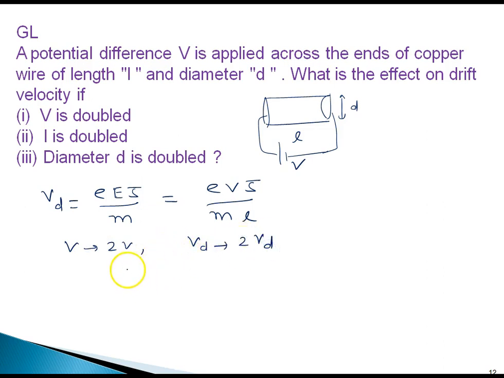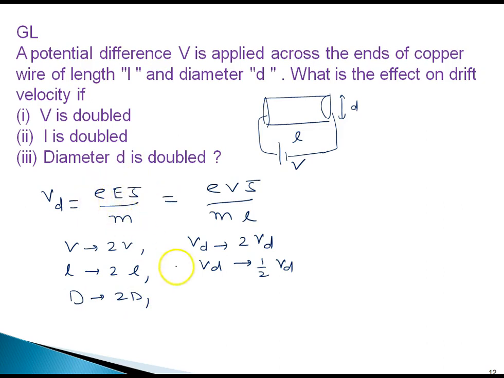Second question is that when I increase the length, if you increase the length to double, then from the formula it is visible to you, drift velocity will become half. Third situation, if you double the diameter, I think with the expression it is valid.